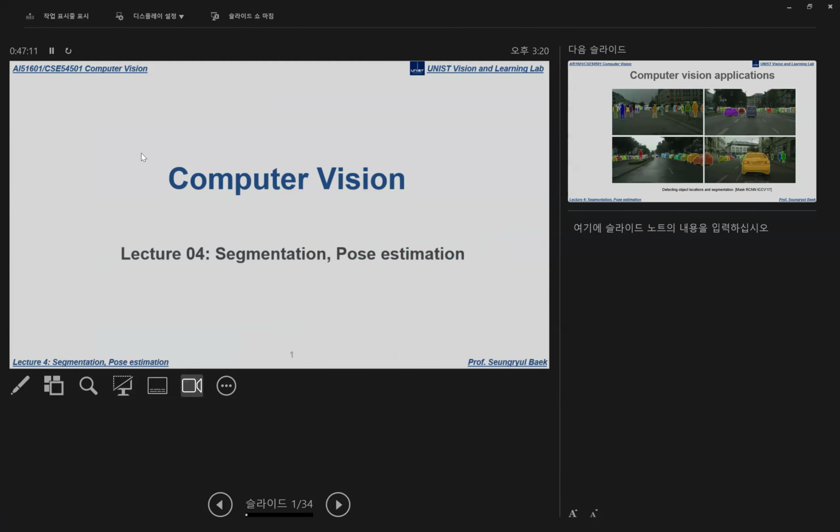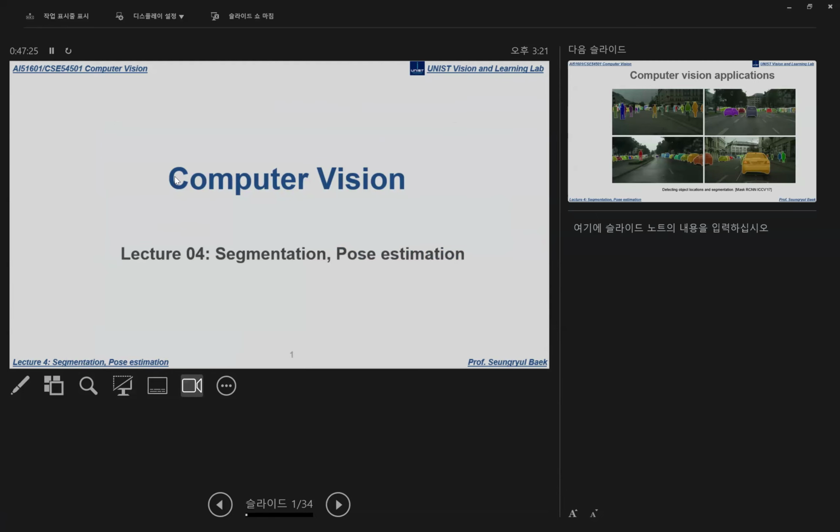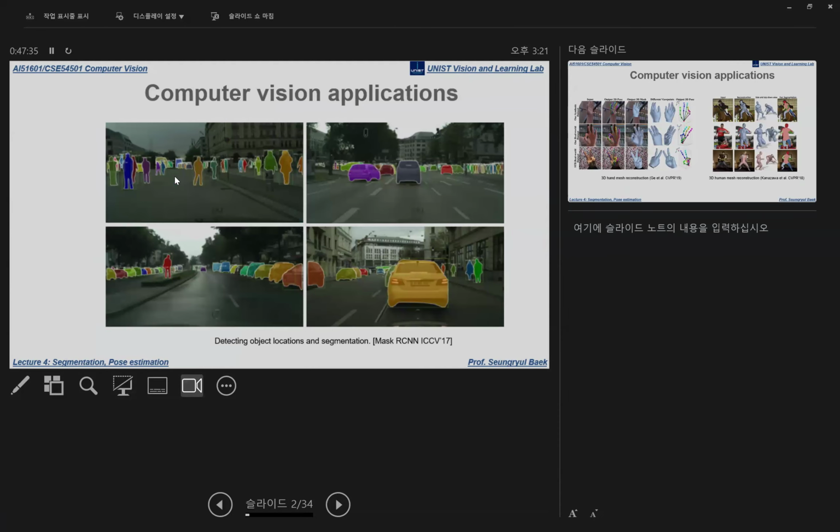So this is another topic we have to deal with today. So far we reviewed the deep learning architectures and also how to implement them in PyTorch. But we will return to computer vision again.